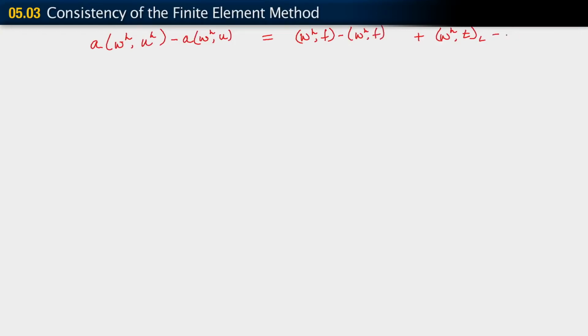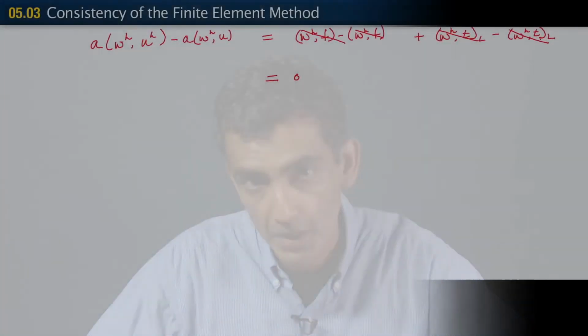Okay. So what do you get here? What you see on the right hand side is 0, okay, because these forcing terms exactly cancel out. Now recall that the functional A is a bilinear form, right? Which means it is linear in each of its arguments.